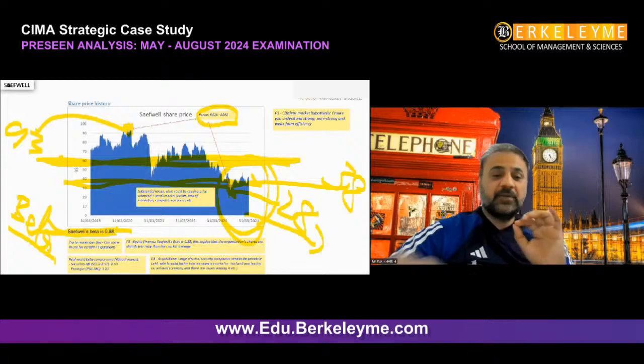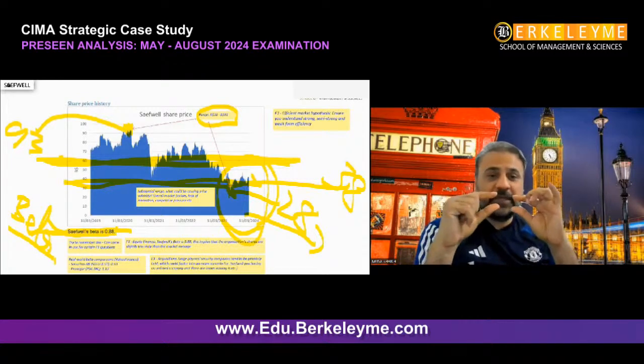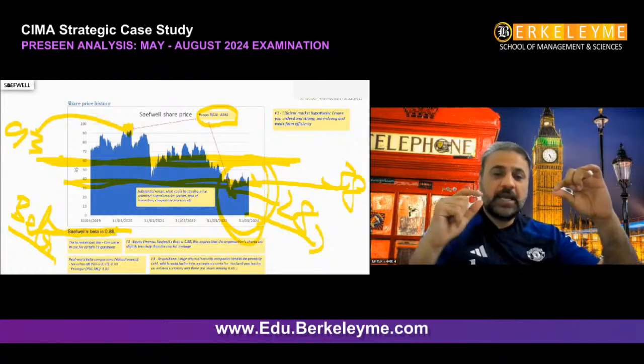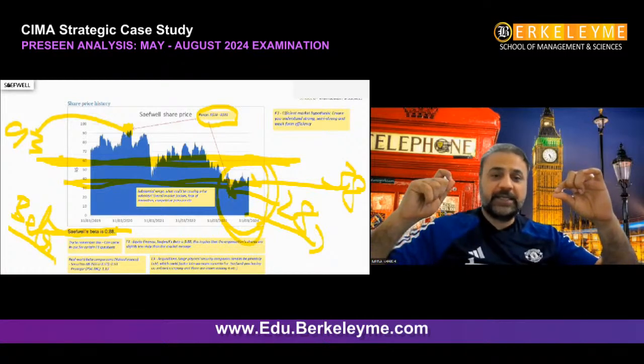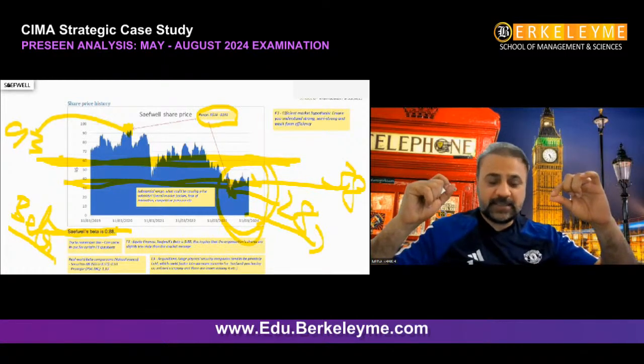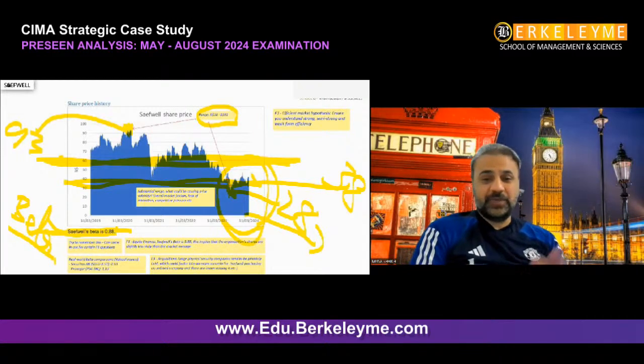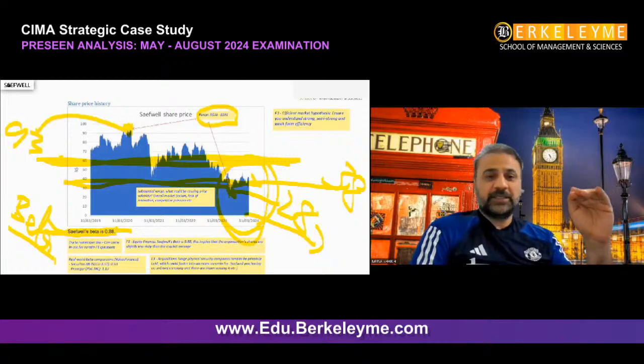So beta, we say, is a measurement of the relationship between your equity, SafeWell equity, and the market itself, the market index. I'll give you an example. Suppose the stock market is crashing today, but your company share is still there.